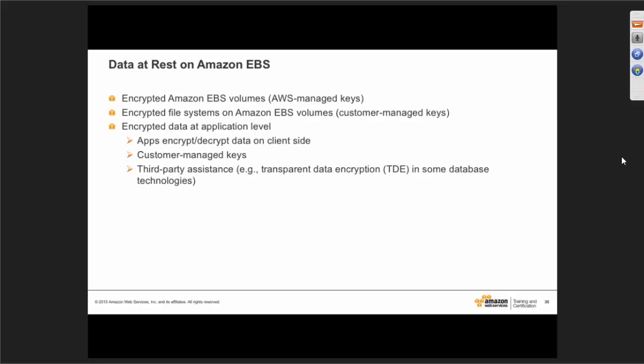With respect to EBS, you can encrypt the volumes that the EC2 instances use as their disks. And again, you can encrypt them with AWS keys, or you can encrypt them with a key that you upload. And it's encrypted at the volume level. So if someone were to somehow gain access to that volume, they wouldn't be able to read it because those keys are specific to each volume.